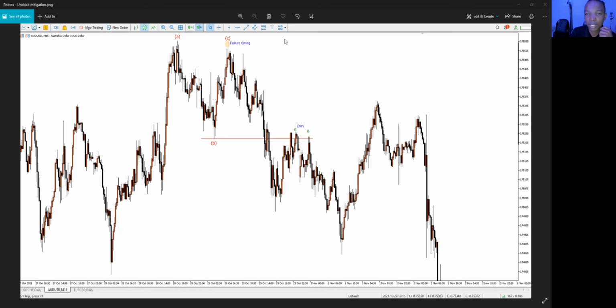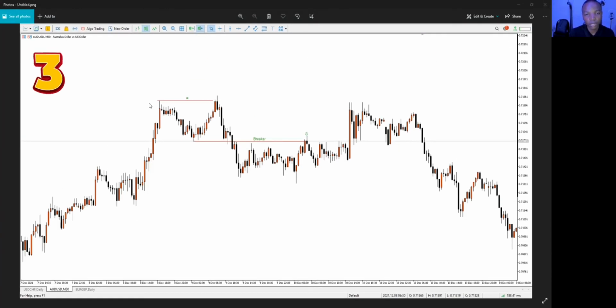And then our last example, as you can see over here, we were going up. This is a breaker. You're taking liquidity away from this swing high over here with this movement over here, broken structure. And as soon as the market went back, we retested it and then were able to take some profit, right?